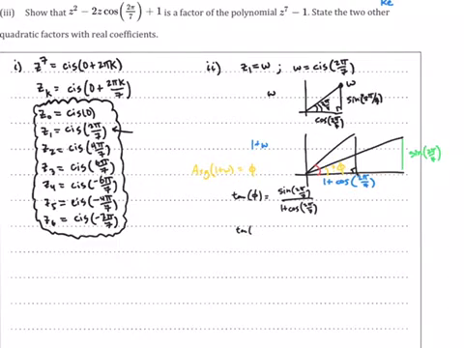Let's use double angle for sine on top. That'd be 2 sine of pi over 7, cosine of pi over 7, because sine 2 theta is 2 sine theta cosine theta. So theta would be pi over 7. I hope you got that too. If you didn't, slow it down.